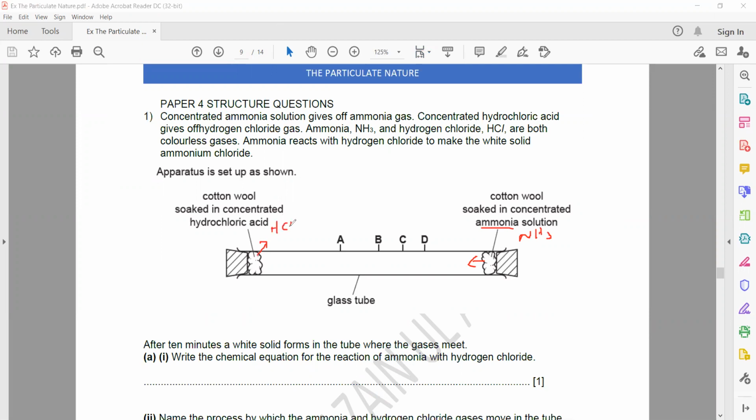And when we write the mass, 35.5 plus 1, that is 36.5, and NH3 is 14 plus 3, that is equal to 17. You will find a similar type of gases were used in the MCQs as well as the structure question. So there's a similar pattern. Every time you find questions are interrelated.